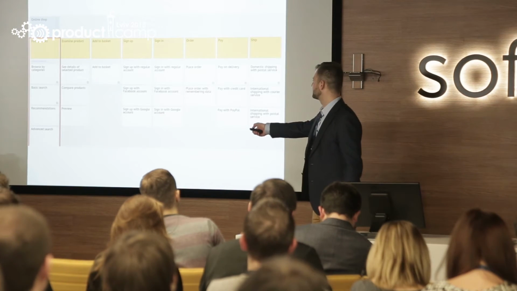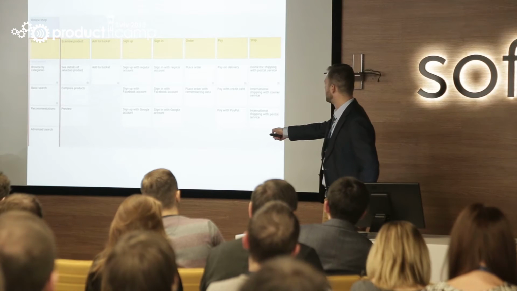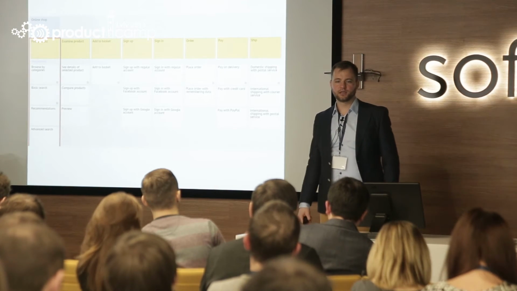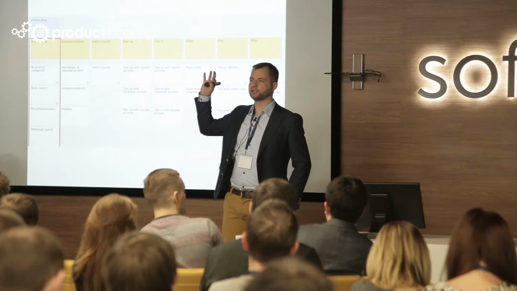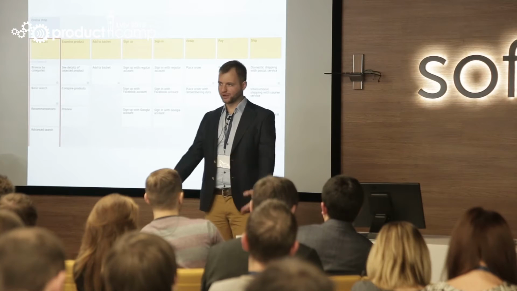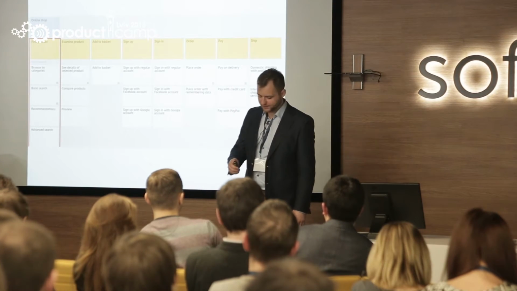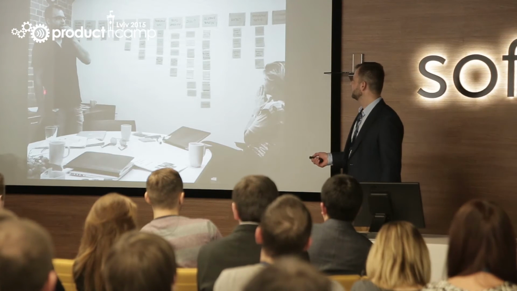Release 1 is, for example, the first row. Release 2 is the second row and a half, and so on and so on. Requirements mapping is another technique that brings the connection between the vision and what we have on the operational level with our engineers. That's how the workshop looks, by the way, that's me.